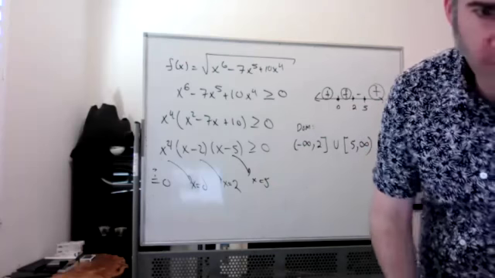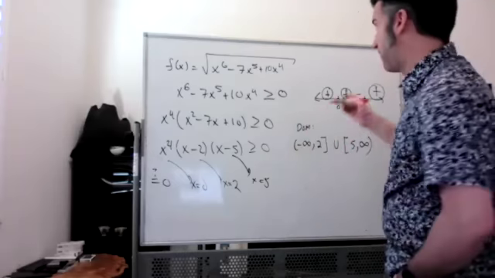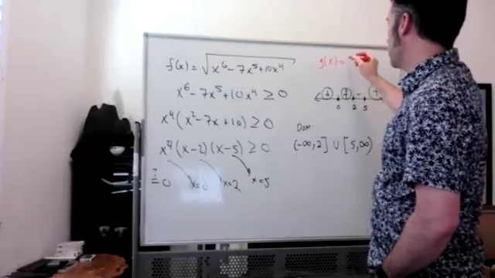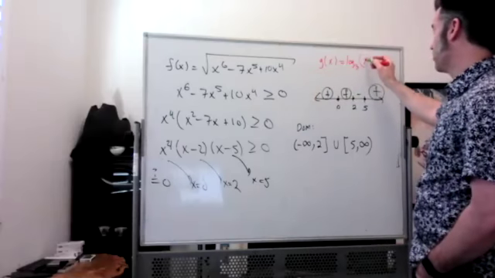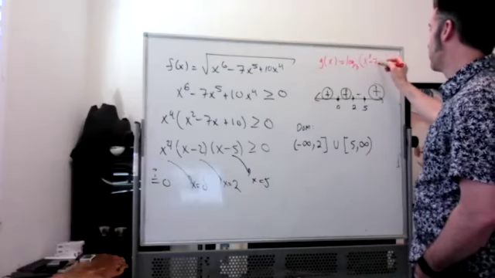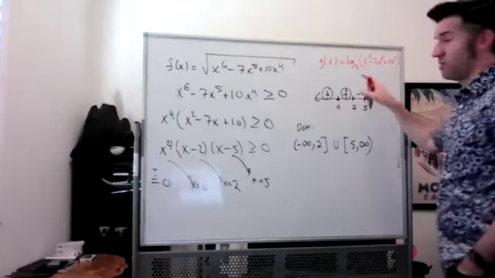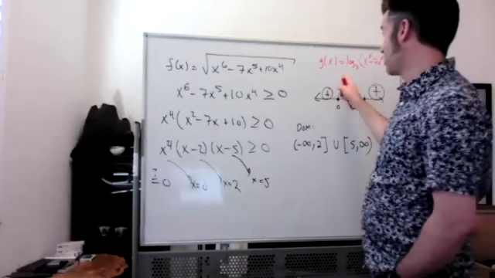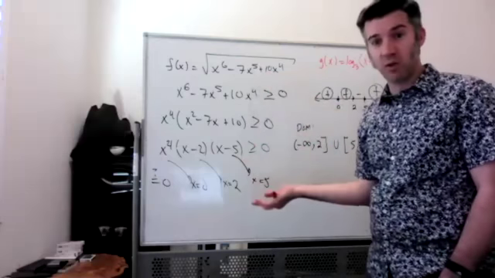Just to show you how this would be slightly different if instead the function was g of x equal to the log base 3 of the same expression. If we have the same expression, except it was log base 3 or log base anything, the difference between a log and a square root when you're talking about domain is that for a square root, you can take the square root of 0.